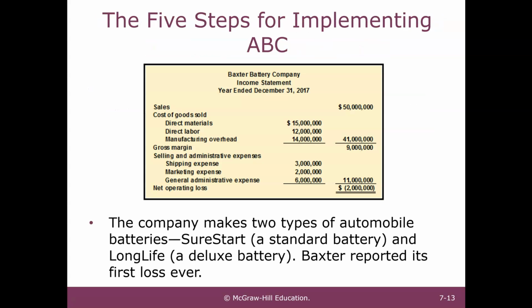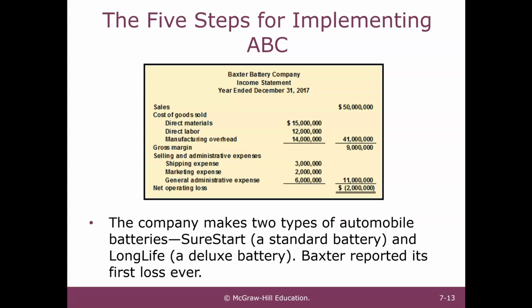Okay, we're going to take a look at this company, Baxter Battery Company, and this is their income statement. They make 2 types of batteries, Sure Start, which is the standard battery, and then Long Life, which is a deluxe battery. And this is the first time that the company has ever reported a net loss.